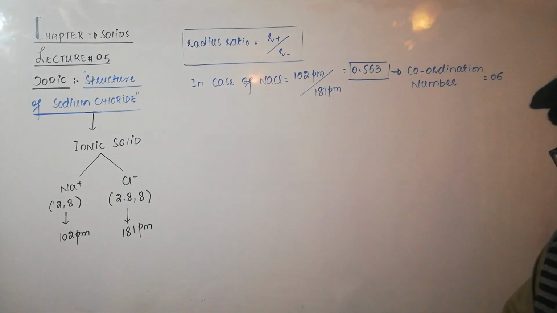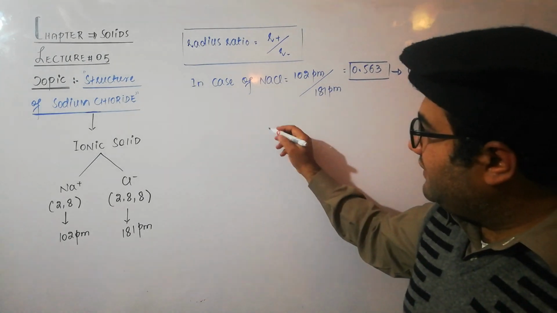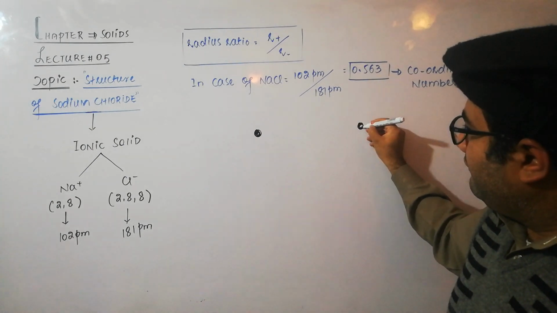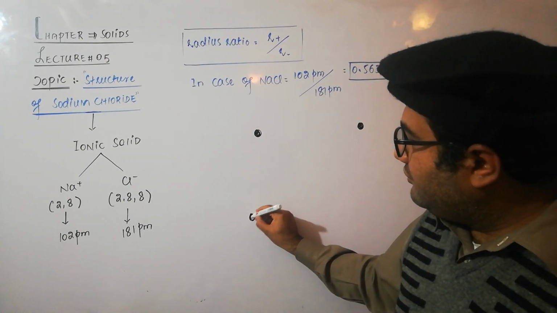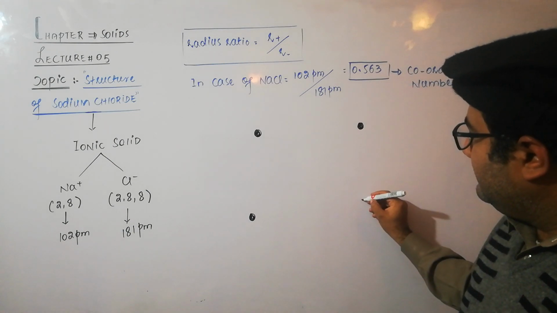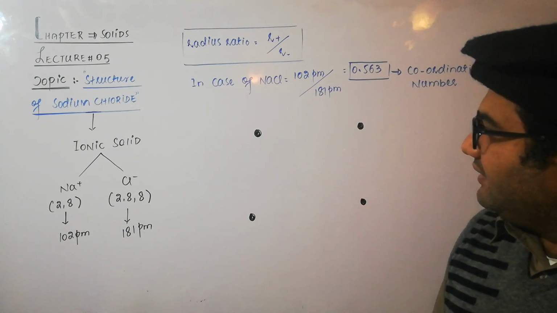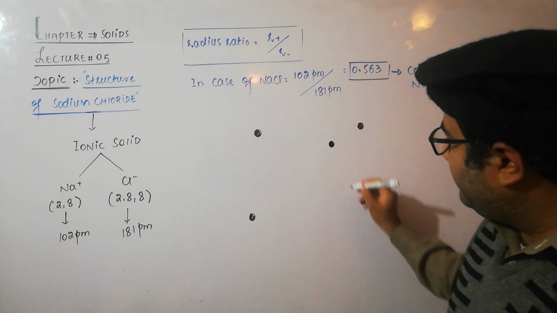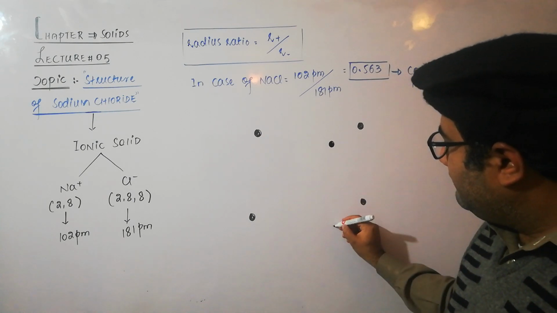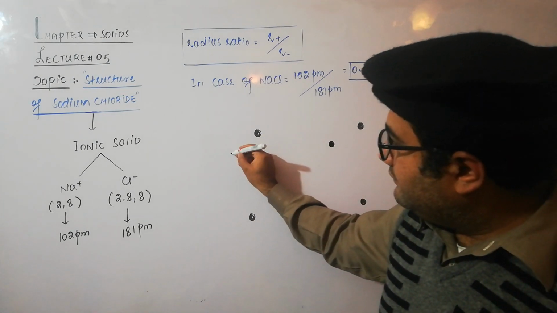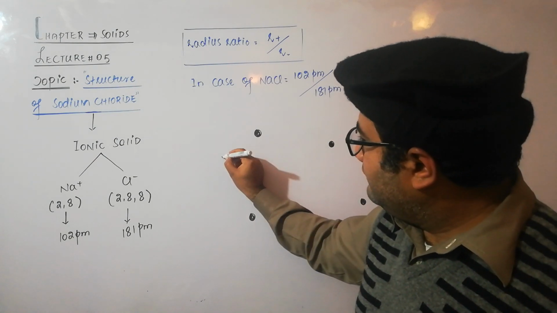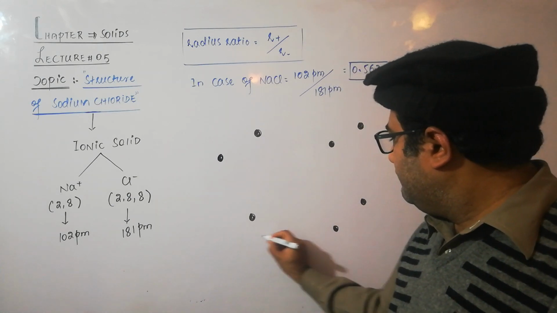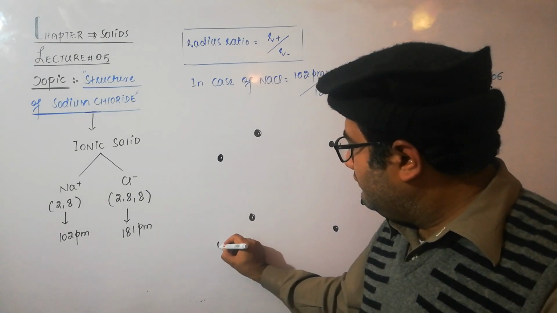Now let us discuss how to draw the structure of NaCl. It's very simple, not a big deal. Draw 4 dots like this. Now again make 4 dots almost at an angle of 45 to this. Like this.